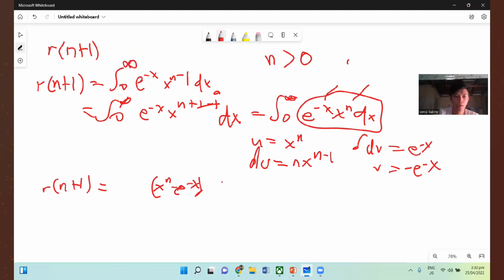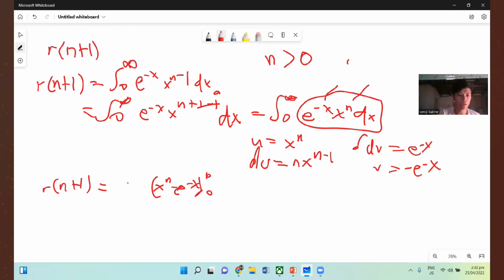So open close parentheses, this is infinity and this is 0. So yung infinity, babaguhin natin yan. Let's say gagawin natin let b.